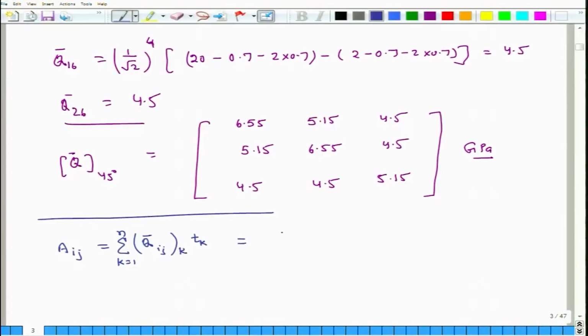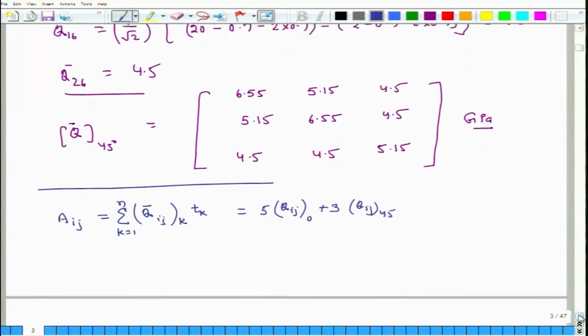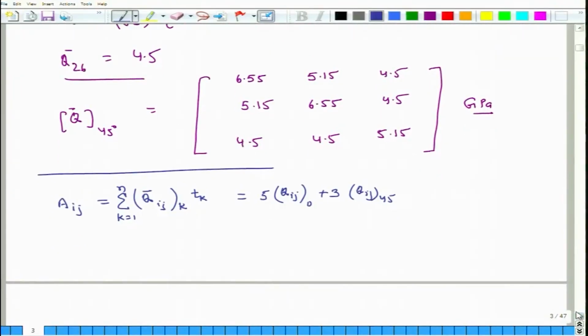So, this is Qij for the 0 degree layer times the thickness of the 0 degree layer, which is 5 millimeters, plus 3 times Qij for the 45 degree layer. Here I am putting values in millimeters. We can also put it in meters, but the mathematics becomes a little simpler this way.